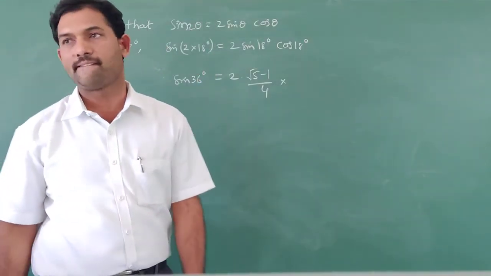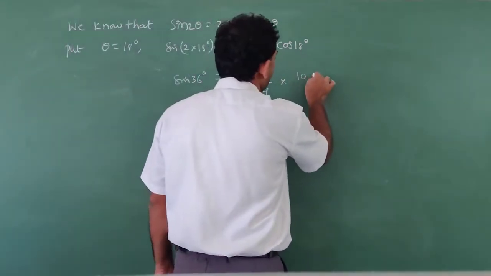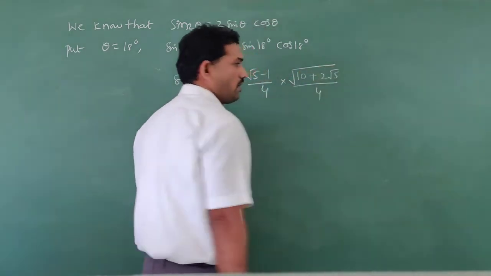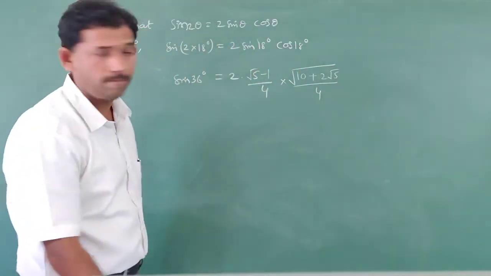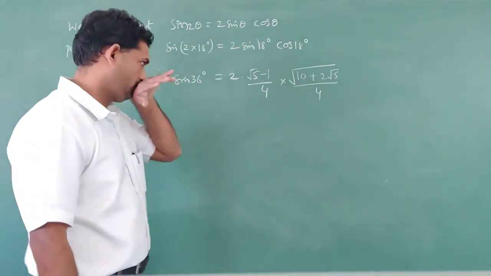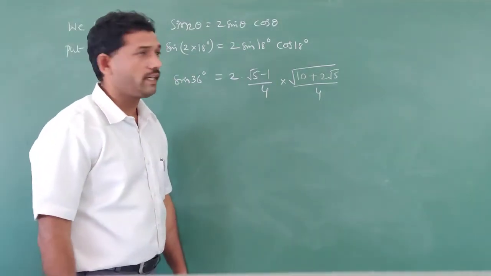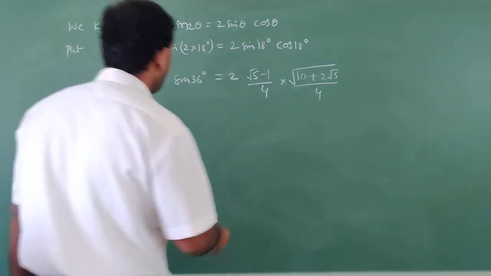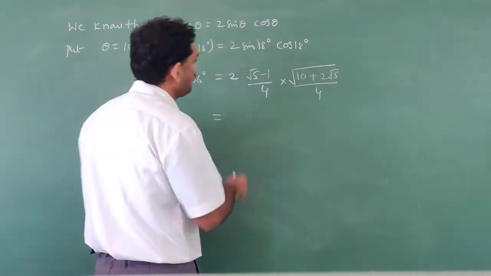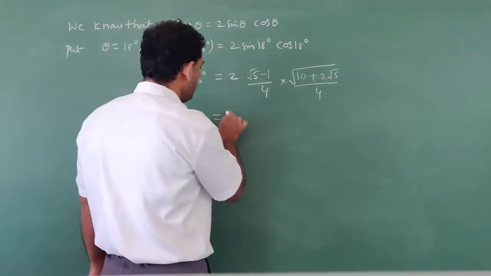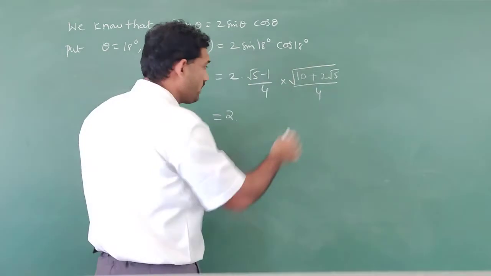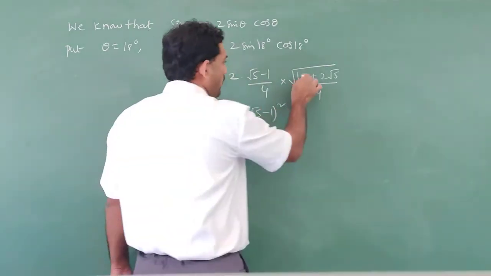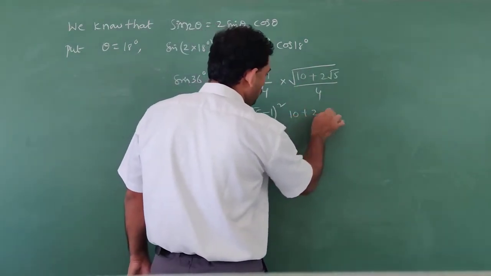How much? 10 plus 2 root 5 divided by 4 under root. This much only now. Okay, now all values you take in the root. So we have to take inside the root. The value 2 is outside this value. Inside the root you have to take root 5 minus 1 whole square and this value 10 plus 2 root 5.